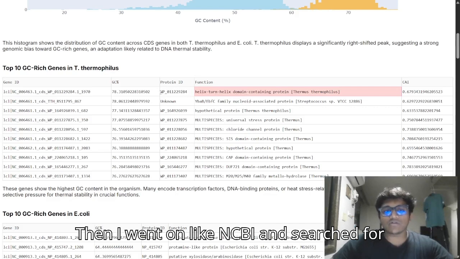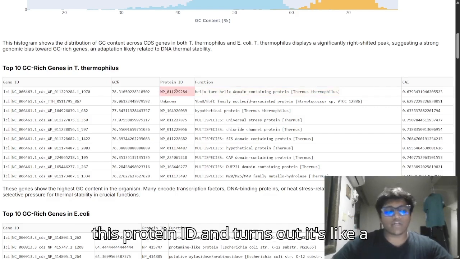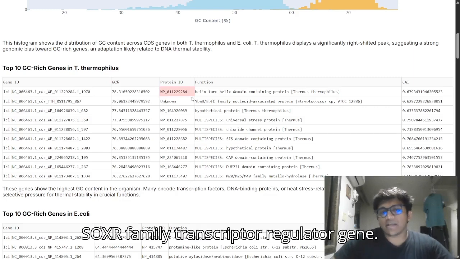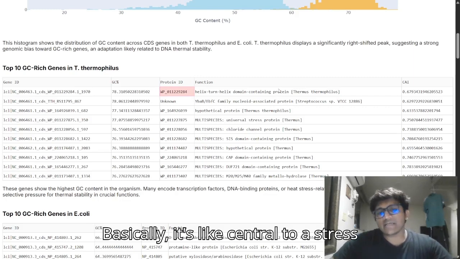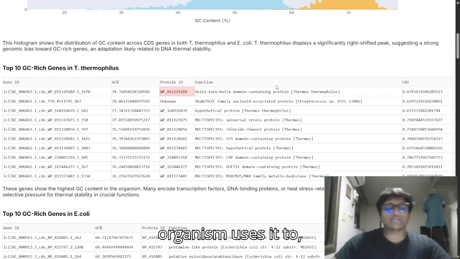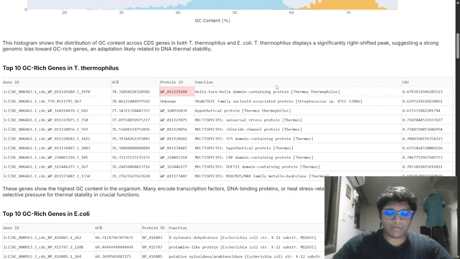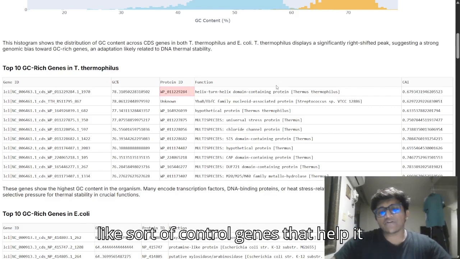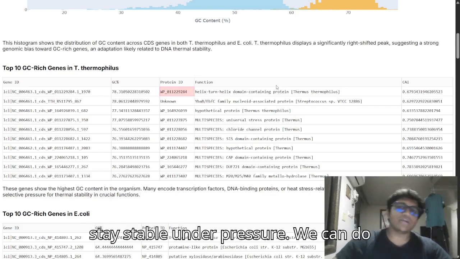Then I went on NCBI and searched for this protein ID, and it turns out it's a SoxR family transcriptional regulator gene. Basically, it's central to a stress response. Maybe the organism uses it to sense environmental stress. So these are control genes that help it stay stable under pressure.